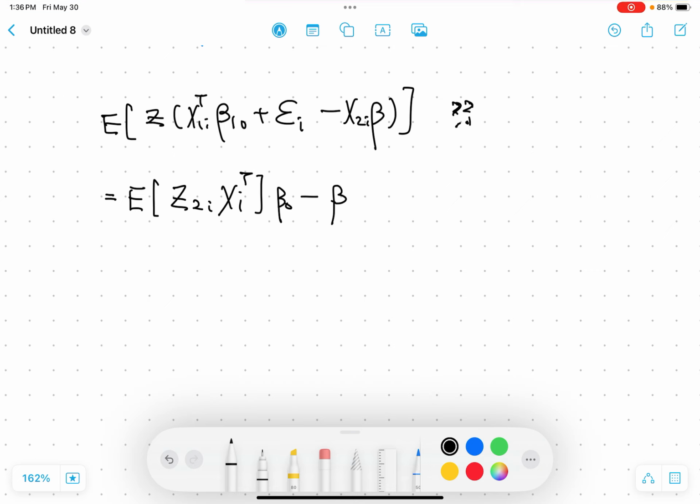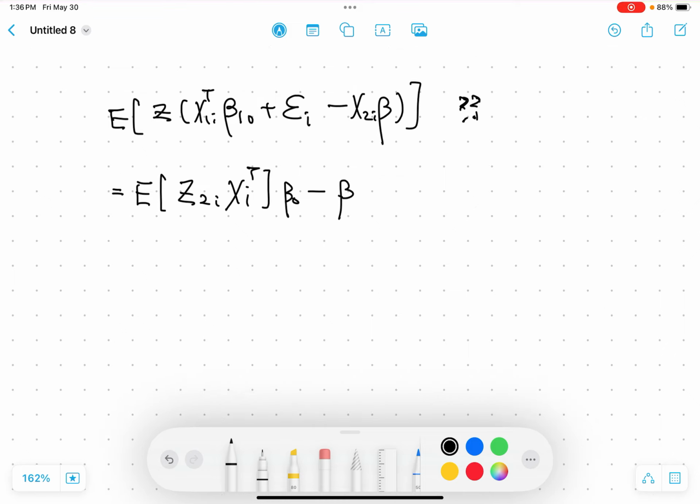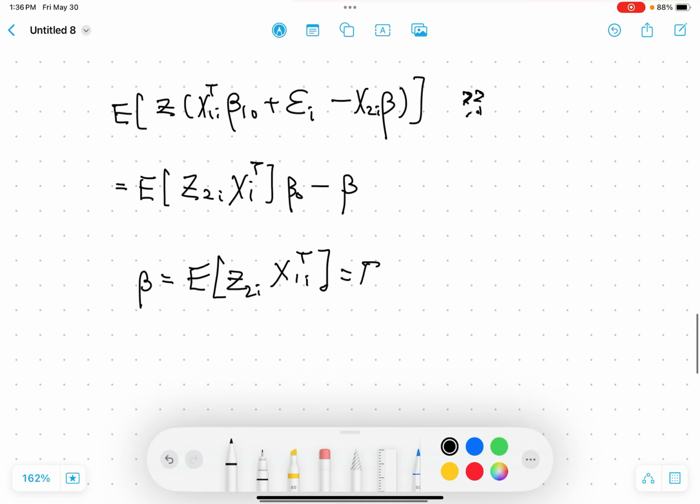And in the end, wrote beta equals z2i x1i transpose. I don't know where it came from. And then suddenly it equals z2i. I don't know. Hard to read. Something like this.